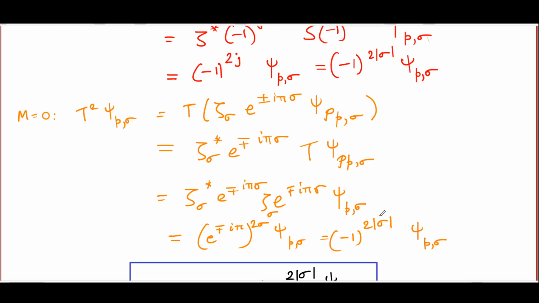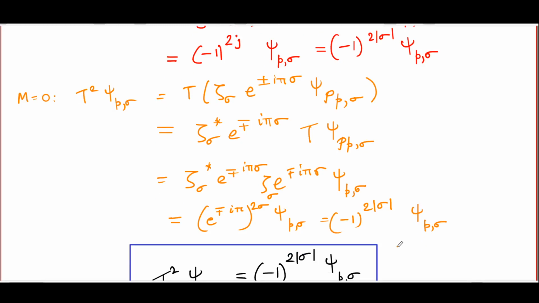Note that sigma can be an integer or a half integer, but the difference between sigma and mod sigma could be either 0 if sigma is positive or twice sigma. So 2 times that, the difference in the exponent is 4 times the magnitude of sigma, which is always an even integer. So these two quantities are always the same.